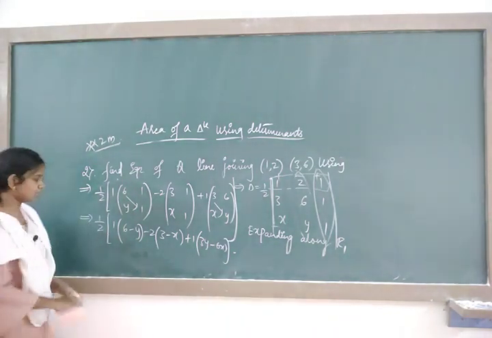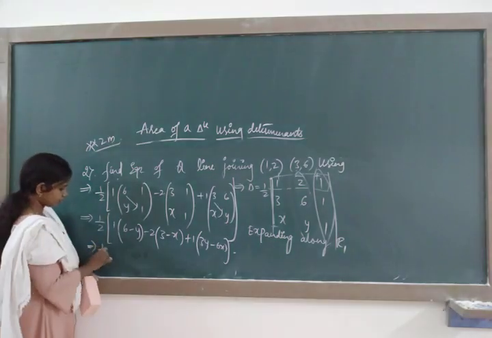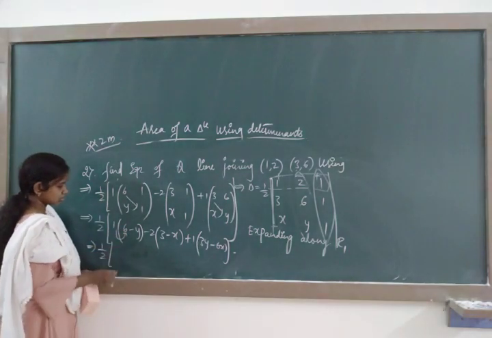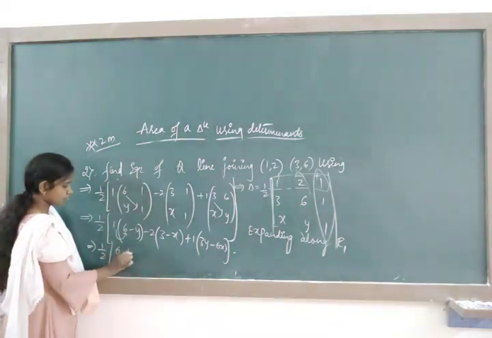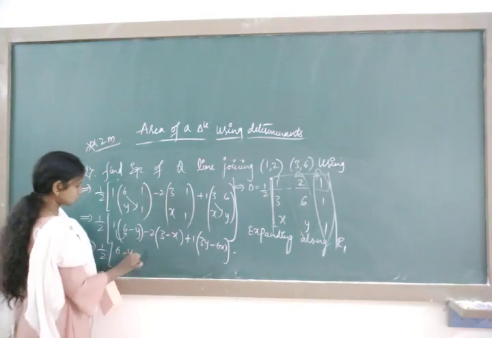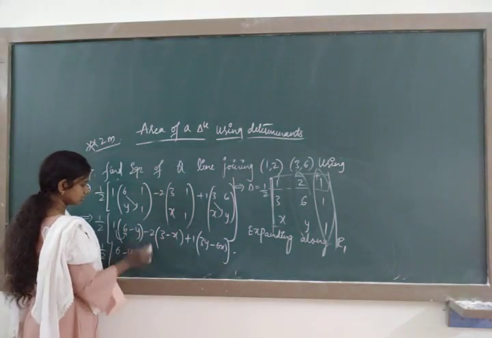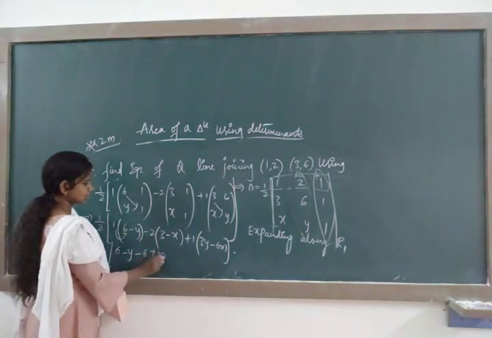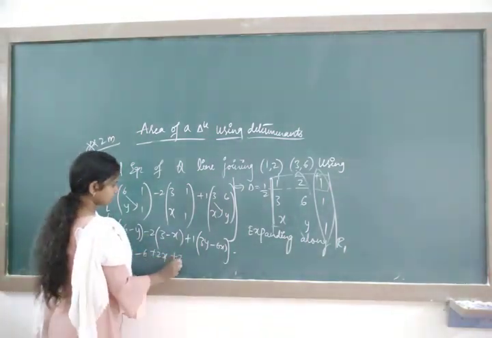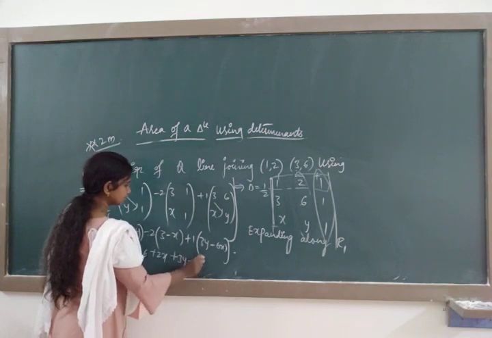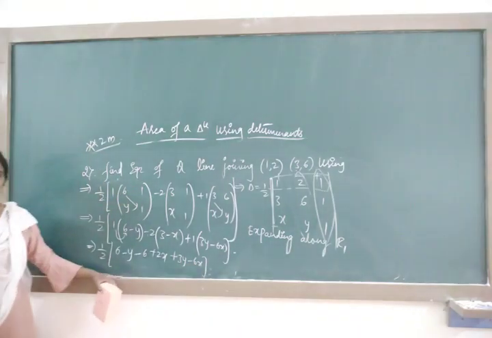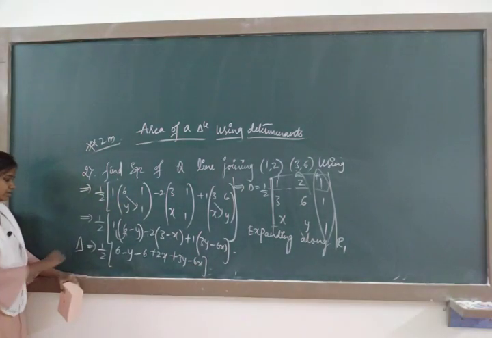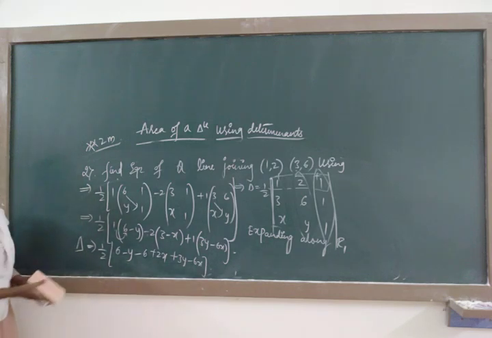So it's 1 by 2, 6 ones are 6, minus 1 into y, minus 2 times 3 minus x, which is minus into minus plus 2x, plus 1 into 3y, plus 3y minus 6x. Now write here delta.